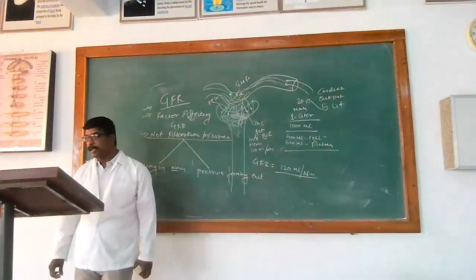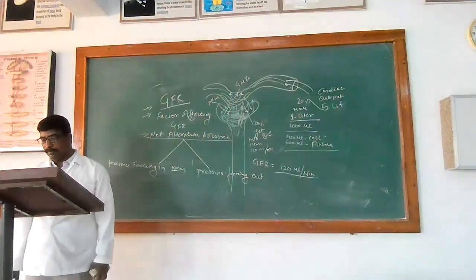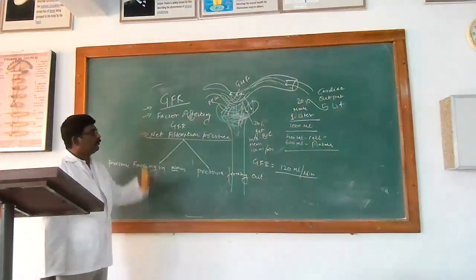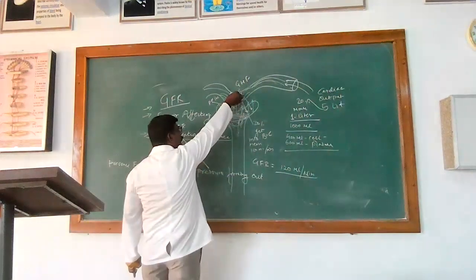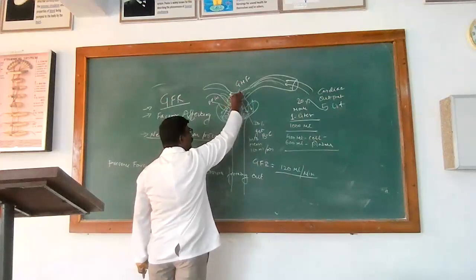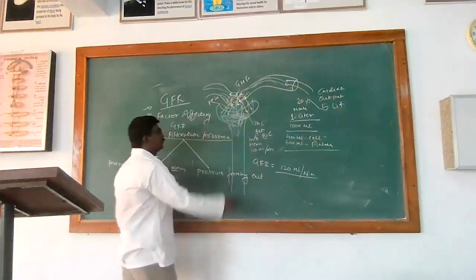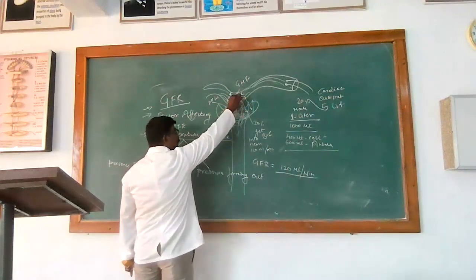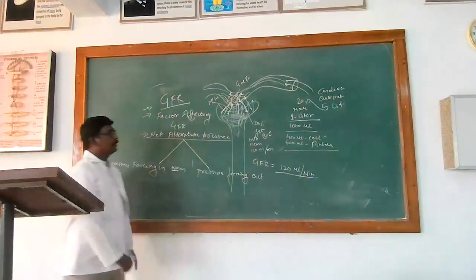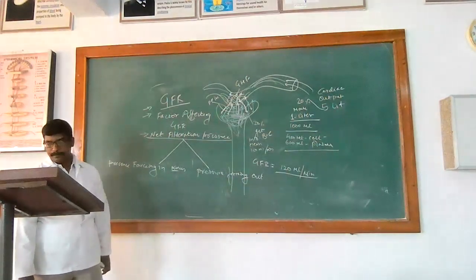It forces fluid towards the Bowman's capsule. So this force is called the glomerular hydrostatic pressure.